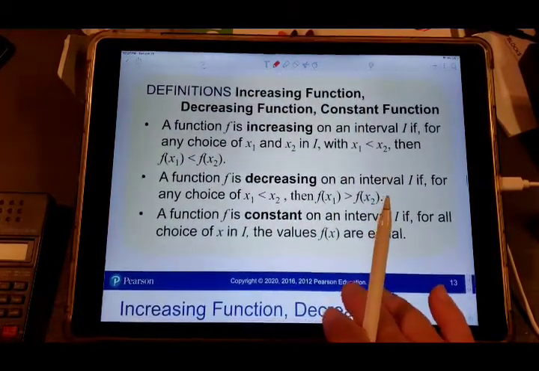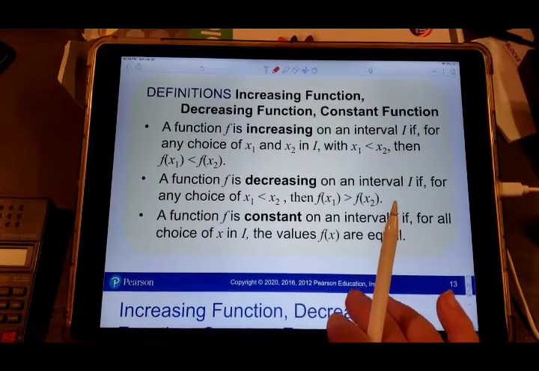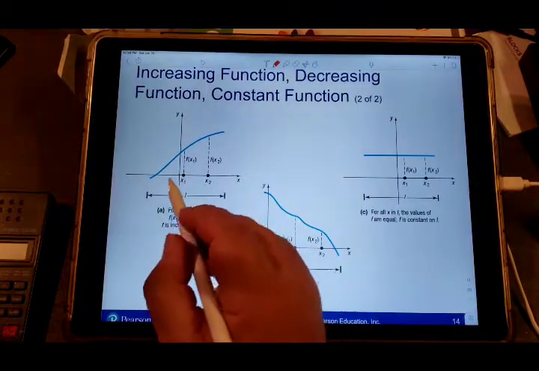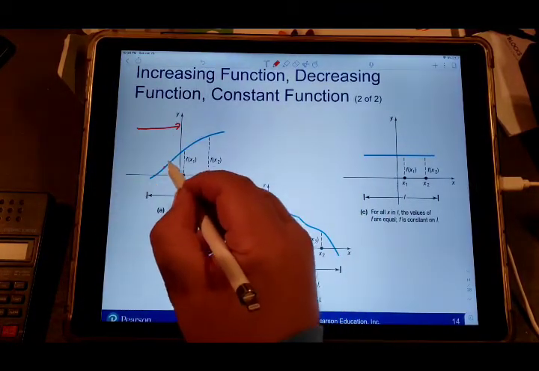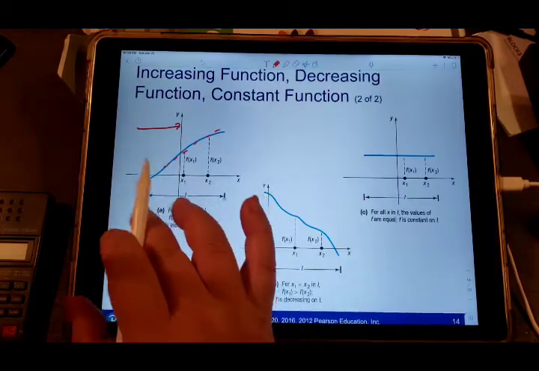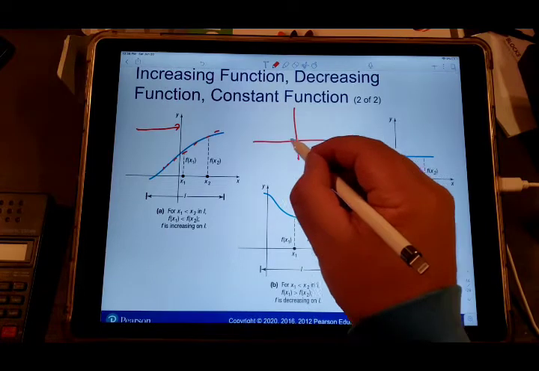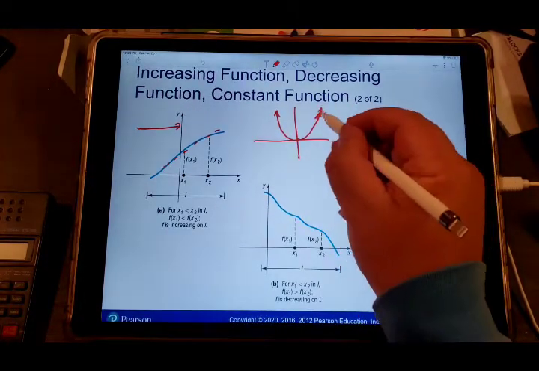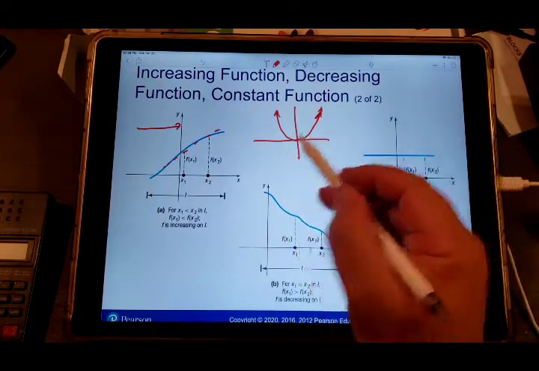All right, we like to talk about functions as increasing, decreasing, or constant. And when we talk about a function, we're always reading it from left to right, like an ant walking on the function from left to right. I have to point that out because a lot of students will look at one of our favorite functions, the square root of x, and they'll mistakenly conclude that it's increasing.